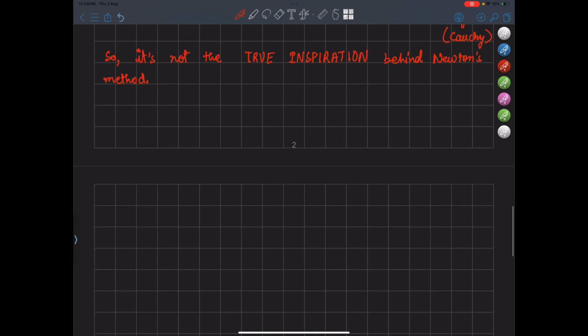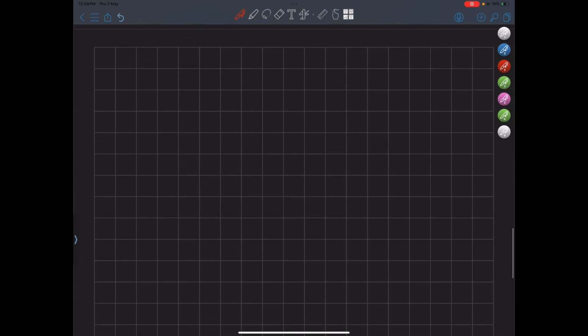Now let us look at the real motivation behind Newton's method.